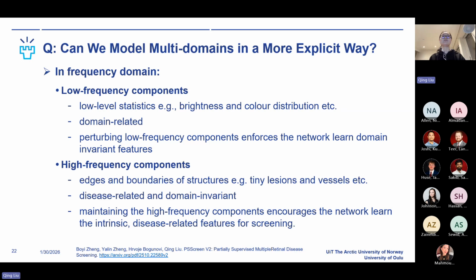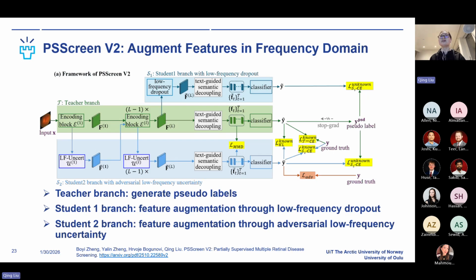To do this, we extend the previous method and propose to augment features in the frequency domain. So in the second version of our partially supervised learning method, we propose to perform the augmentation to inject uncertainty in the frequency domain.